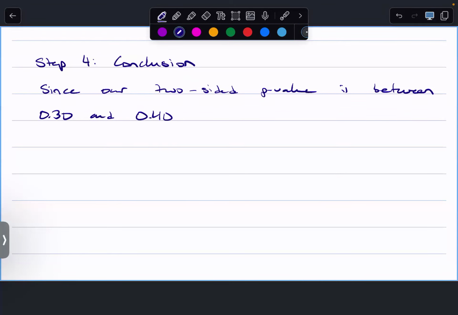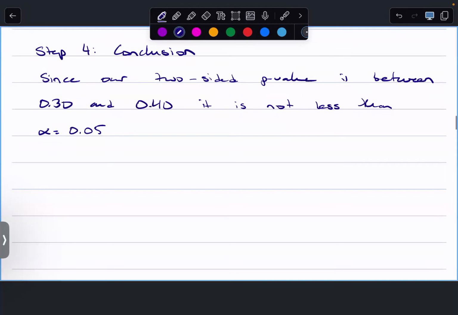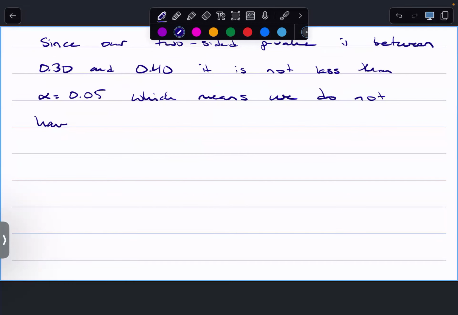So since our two-sided p-value is between 0.3 and 0.4, it is not less than alpha equal to 0.05, which means we do not have enough evidence to reject H naught.